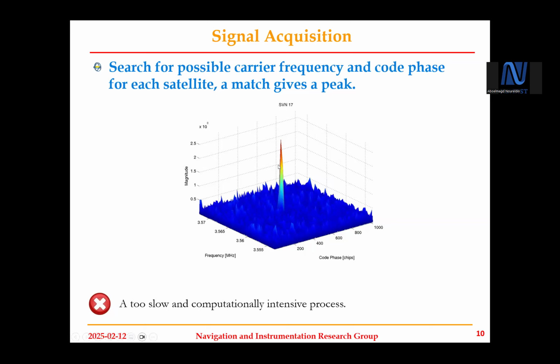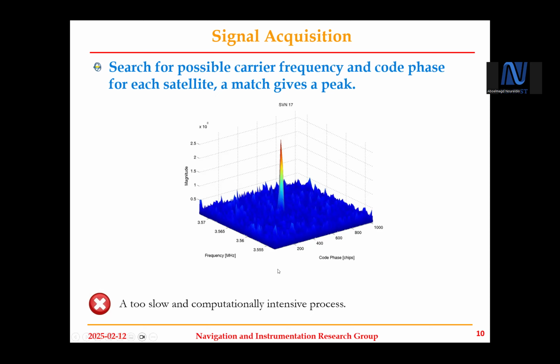So there is a unique peak. This peak could sometimes be destroyed, or you might see other peaks if you have a major error source like jamming or multipath, or even ionospheric errors sometimes affect this severely. But in normal, clean conditions, you will get one peak in this two-dimensional space.